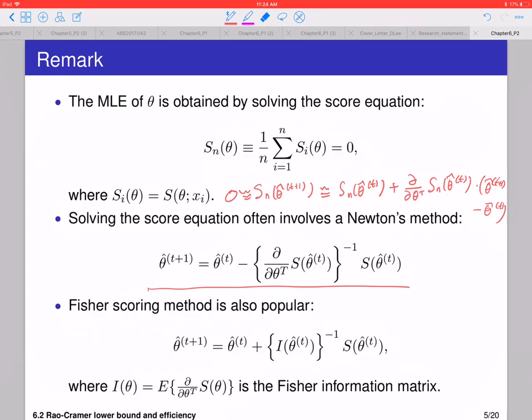Sometimes the problem is that this may not be invertible for a certain value. So a better way is to take the conditional expectation of the partial derivative, which is the Fisher information. Then this is called the Fisher scoring method.